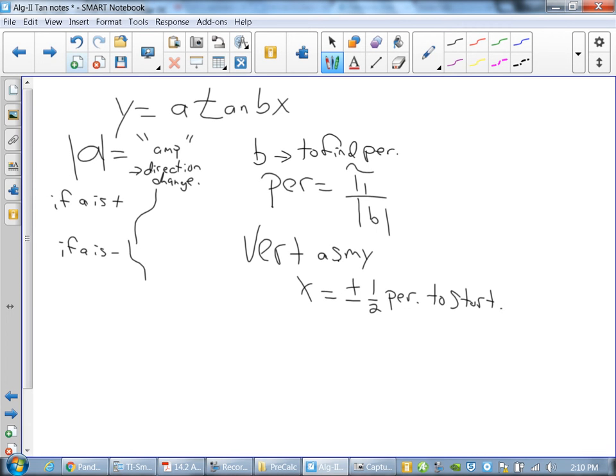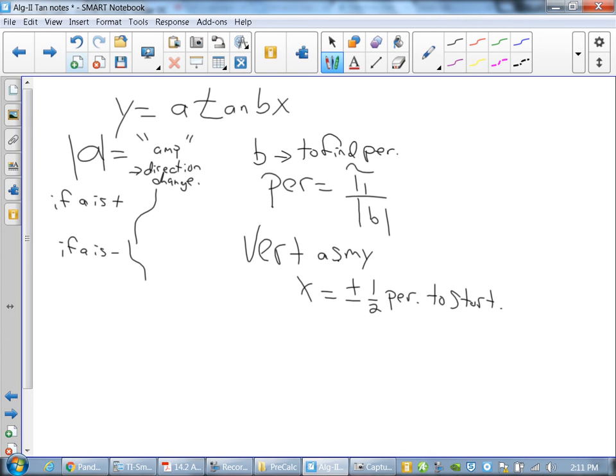That looks daunting, but once we label out a period a couple of times, you'll see how fast it is. It's really very, very quick to figure out. It's going to go through the origin because there's no shift. So once you have an asymptote and an origin, just cut it in half to get the next point.